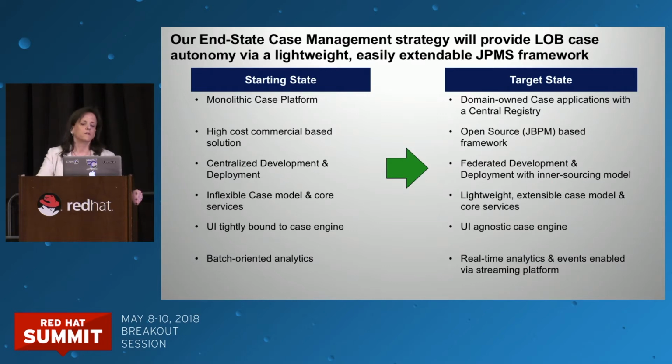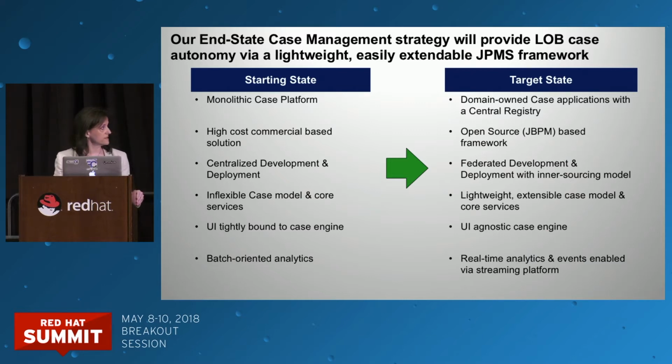Okay. So if we compare where we are from where we started and where we will be when we finish our target state, we started with a monolithic case platform, and we're going to end up with a domain-owned case application and a central registry. We started with a high-cost commercial-based solution, and we're going to end up with a much lower-cost open-source-based framework solution.